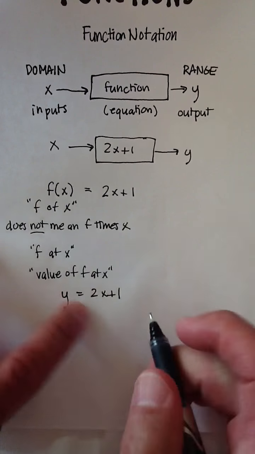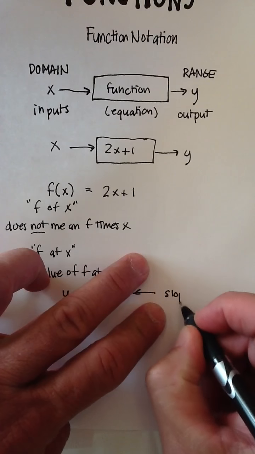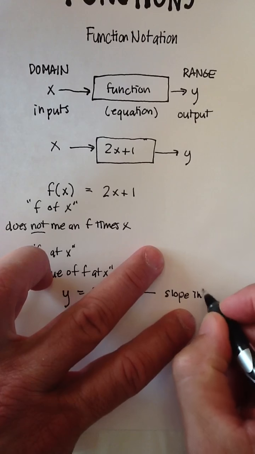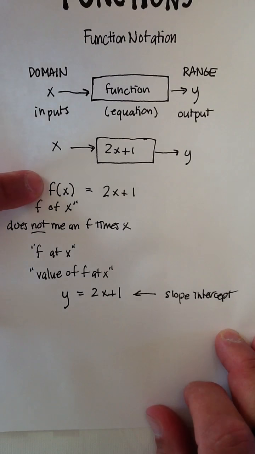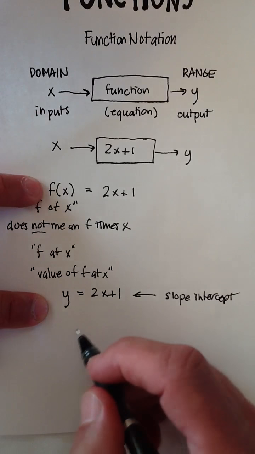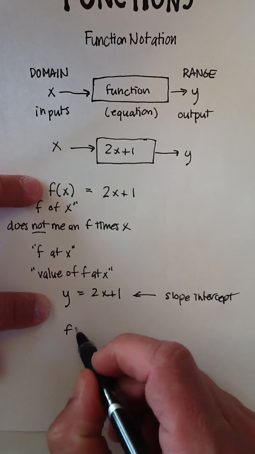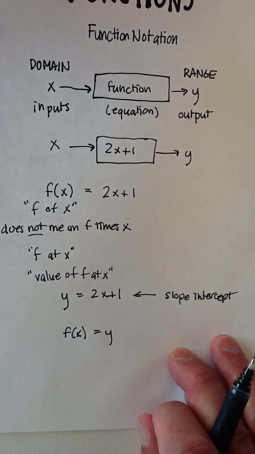And you'll remember that that's called the slope-intercept form of a linear equation. So that's just another way of writing the same thing as this particular equation, which is f of x is equal to 2x plus 1. So I want you to think of f of x and y as basically the same thing. F of x is equal to y.